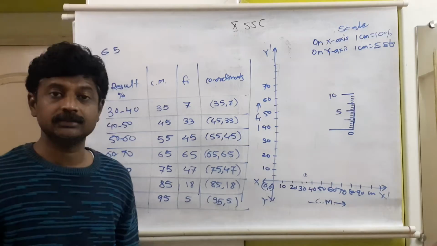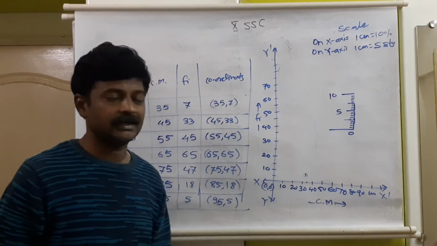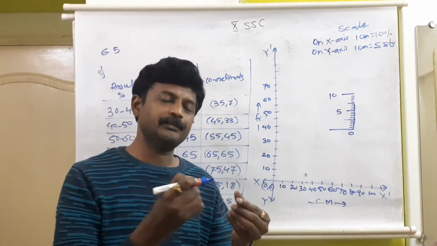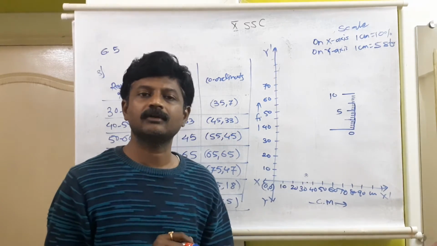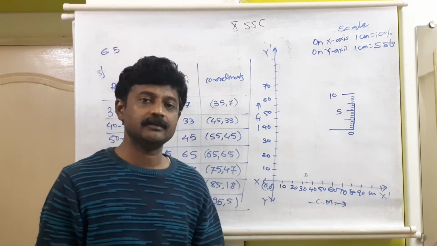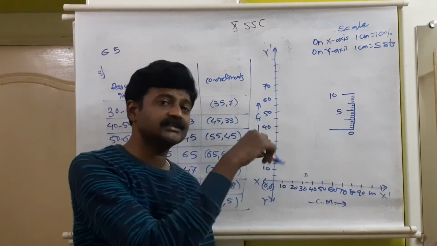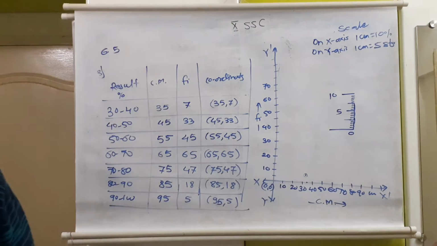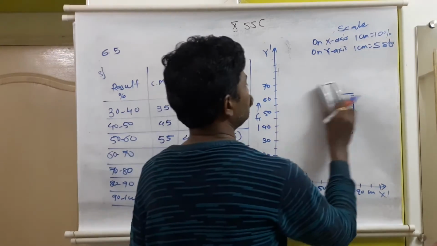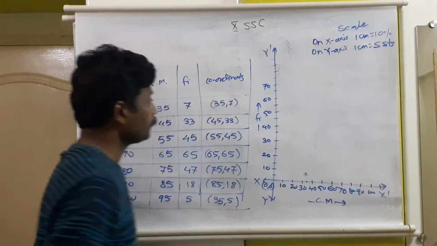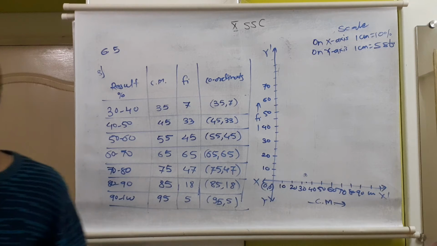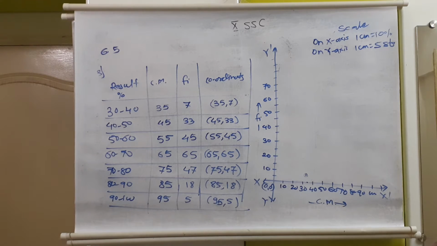The method to plot a point is to dot it and circle it, because a dot is so small, even if your pencil is sharp, it sometimes may not be visible to the paper checker if they have specs or other things. So dot and circle is the method to plot a point. So the first point is plotted with 35 and 7.